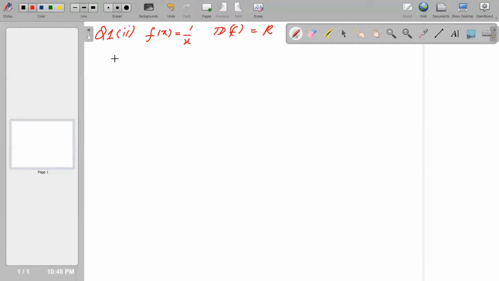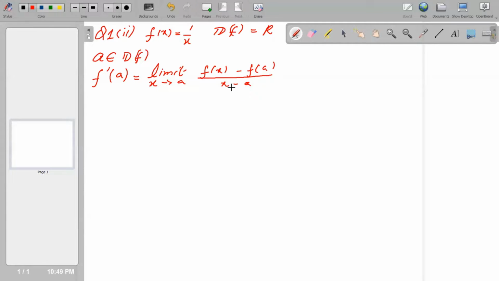What we have to do first is take any point A belonging to the domain of f, and we will write the formula for the derivative using the first principle method. f prime of A is equal to the limit as x approaches A of f of x minus f of A divided by x minus A, which is the formula we have already used in the last question.